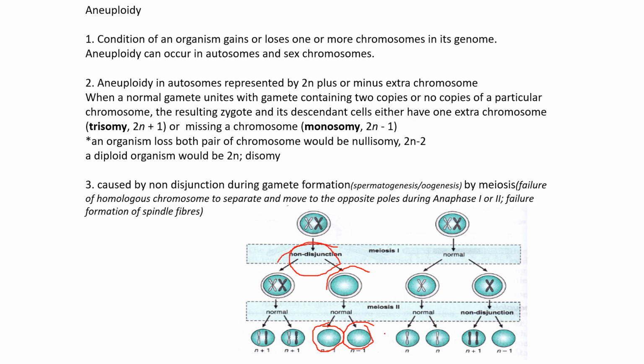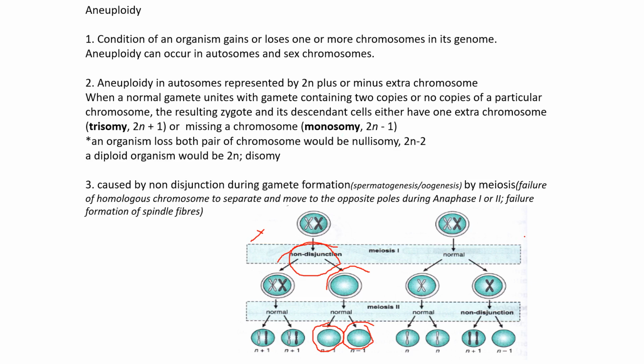Now this diagram here is only a given example of what happens if the nondisjunction occurs in meiosis 1.